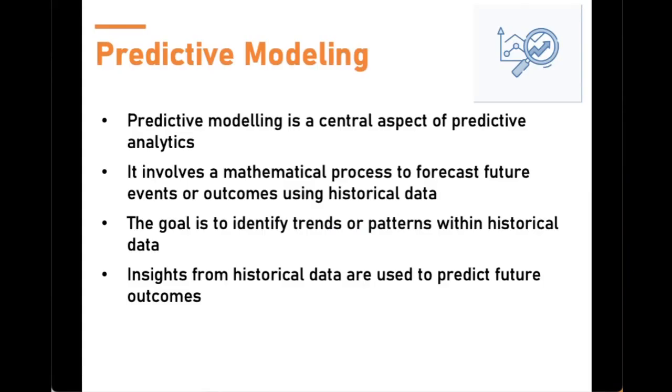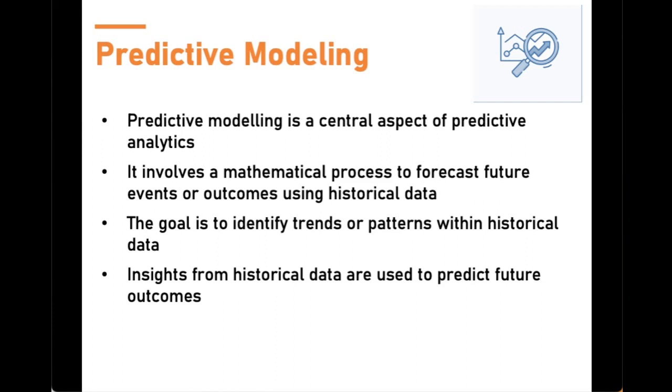So basically what the video says is that predictive modeling is a tool to look into the past to predict the future. Predictive modeling is the core function in predictive analytics. It is a mathematical process that aims to predict future events or outcomes based on past behaviors.